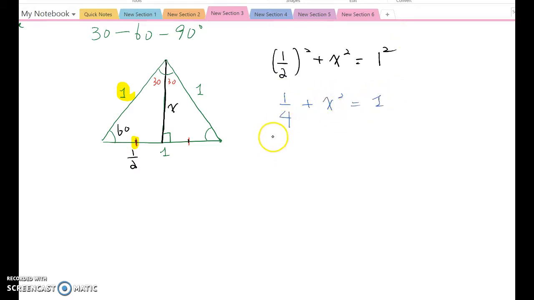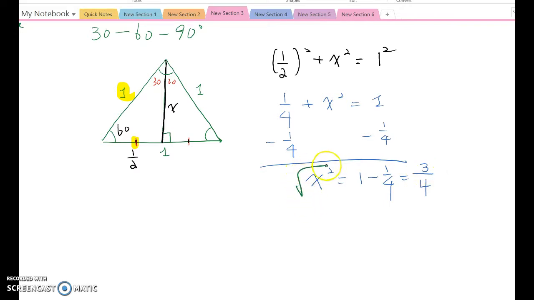So you subtract 1/4 from both sides, then x squared equals 1 minus 1 over 4, which becomes 3 over 4. After that, you take the square root of both sides. Don't forget plus and minus, then x equals plus and minus square root of 3 over 4, which means plus and minus root 3 over 2.